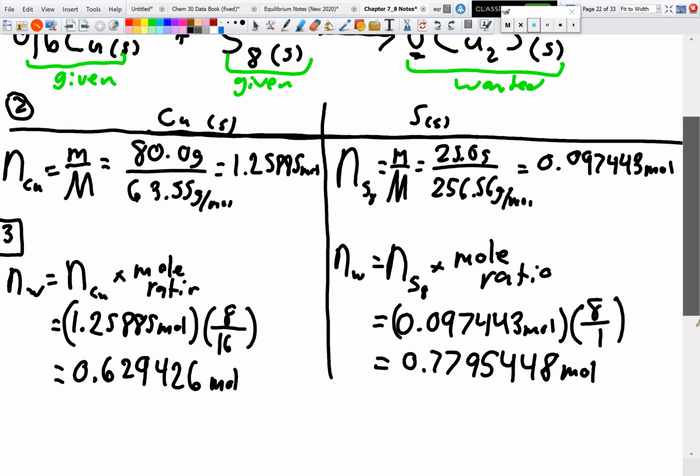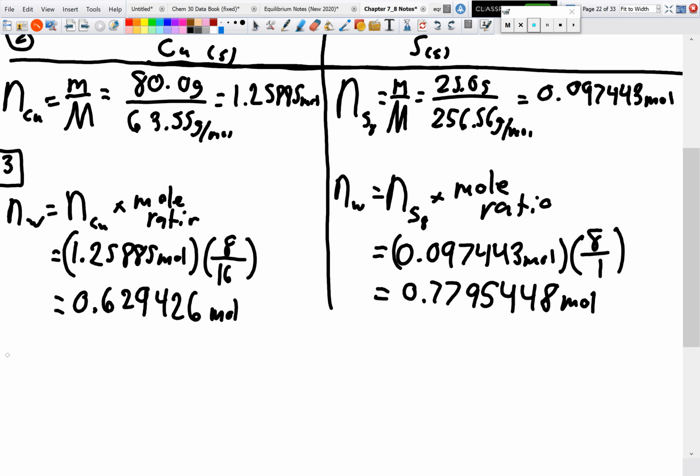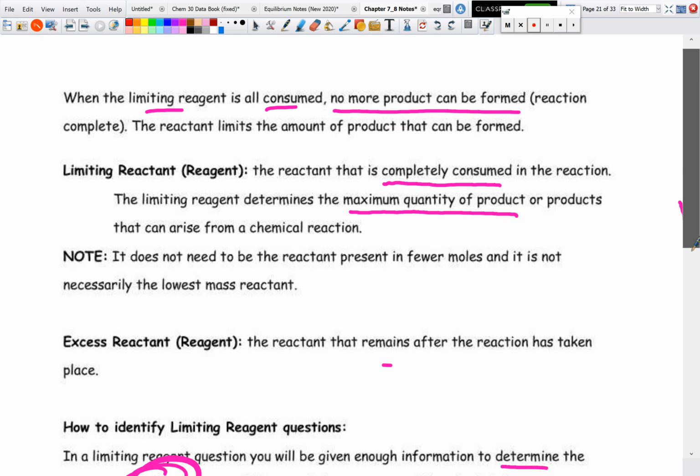All right. So step 4 is solve the question. But we have two values right here, so we need to pick the one that we're going to use. So when you look at the previous page, which I'm going to go back to now, there we go.